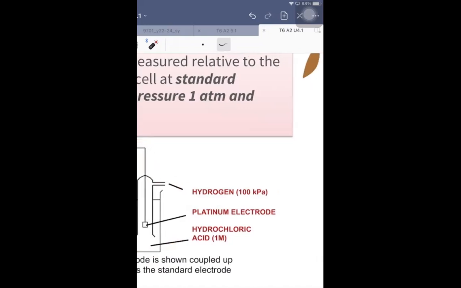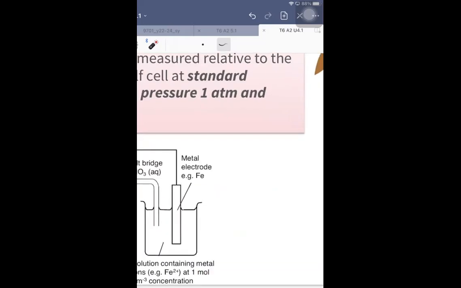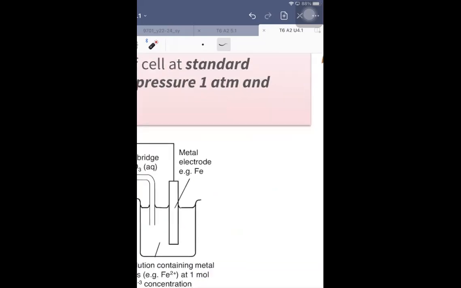It does not necessarily mean that the standard hydrogen electrode always has to be on the right side. We can also have a standard hydrogen electrode on the left side. The most important thing is, because you are supplying hydrogen gas, you must make sure that you are using a tube.